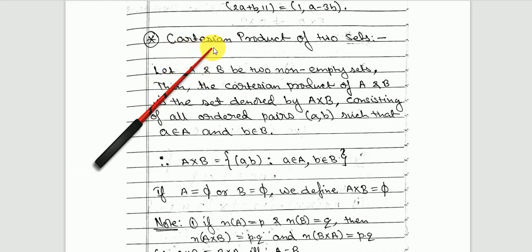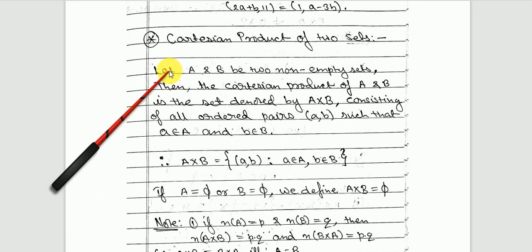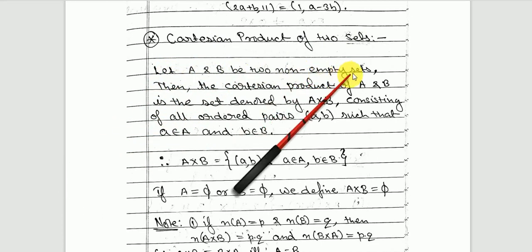Next definition is Cartesian product of two sets. Let A and B be two non-empty sets.